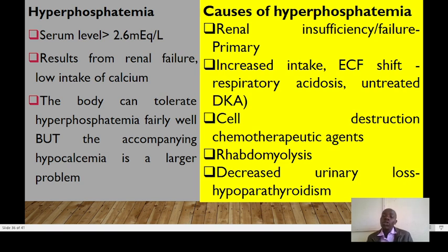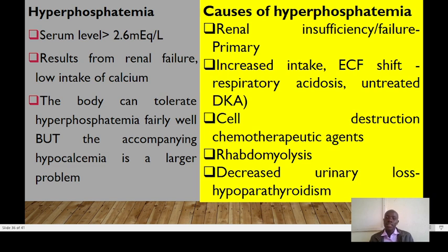The body can also tolerate hyperphosphatemia fairly well, but with the accompanying hypocalcemia, it could be a larger problem. So problems will be resulting from the hypocalcemia. So renal insufficiency, increased intake, and the shifting.